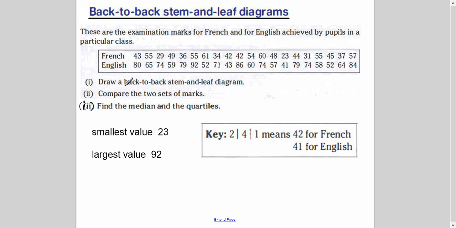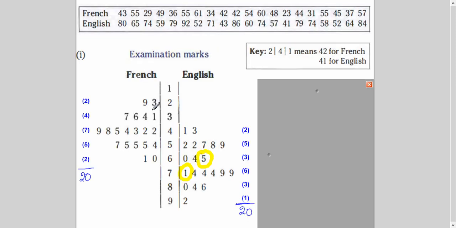So the only difference is that when you draw back-to-back, your stem comes in the center. One side represents the data of one category, another side the other category. Because here we have marks of English and French, we are writing accordingly. Now you see the English marks are starting from 41 and French marks are starting from 23.